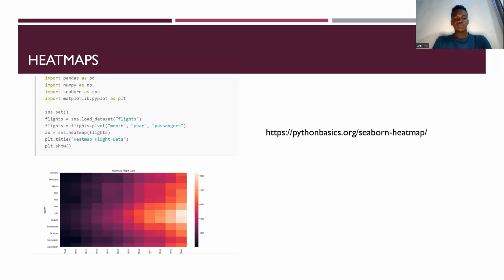Towards the 1990s, we had a lot of passengers in flights. So that is just a visualization of the data in our CSV file, and that's the code. We plot heat maps using Seaborn, as we imported it here, and Matplotlib as well.